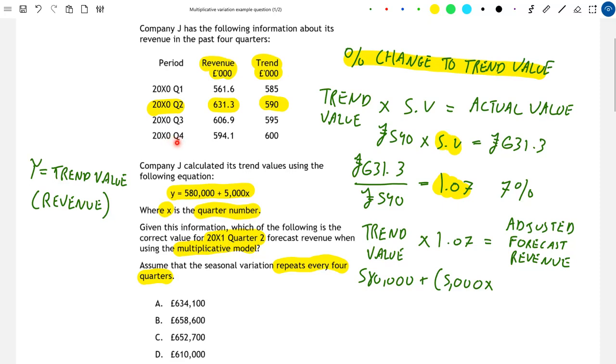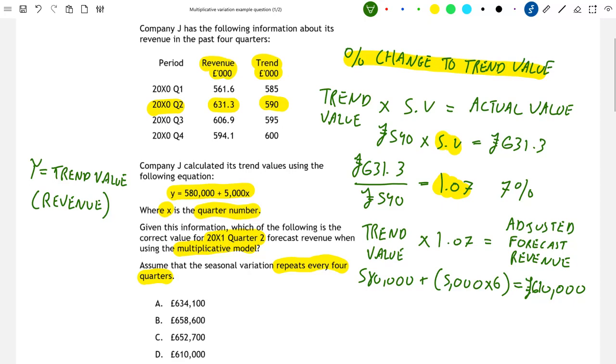In 20x1 quarter 1, the quarter number is 5. And therefore, in 20x1 quarter 2, the quarter number is 6. So this gives us a trend value of £610,000. And it's in pounds because this is a trend value for Company J's revenue.